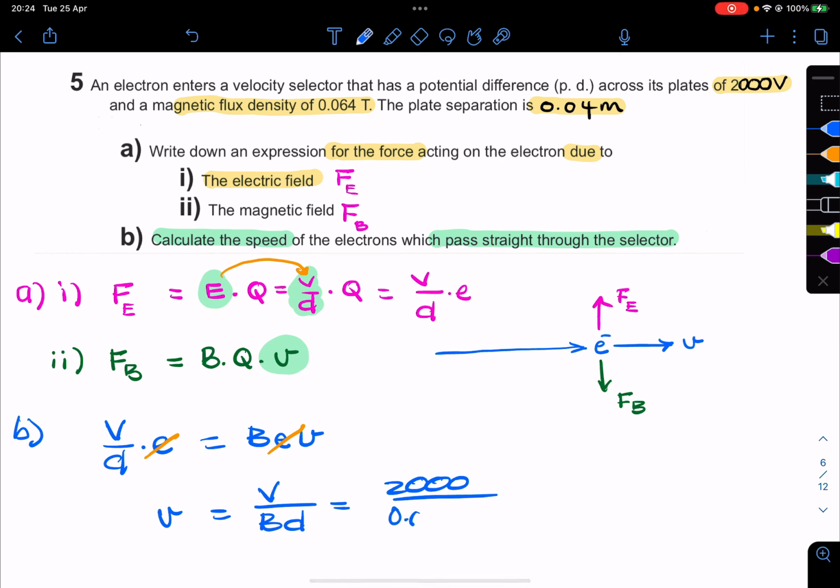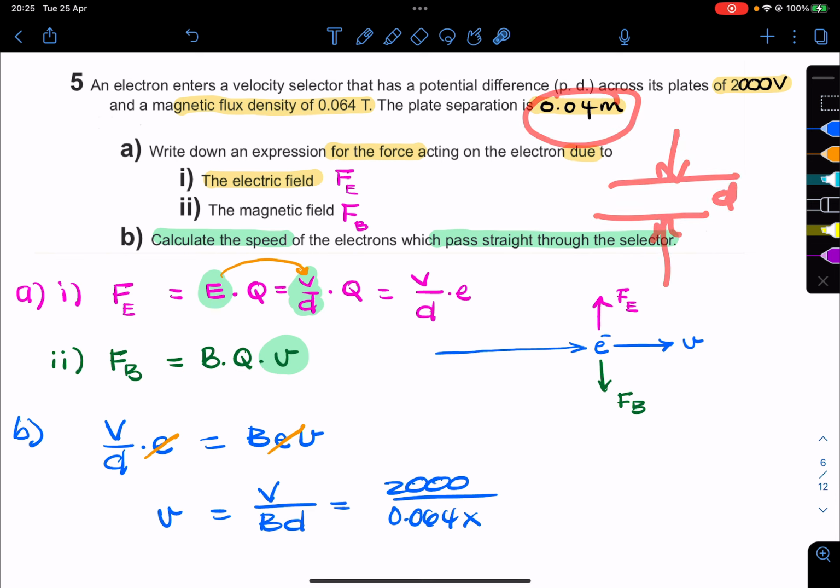Then you substitute the numbers: 2000 over 0.064 times D, which is the separation between the plates, 0.04.